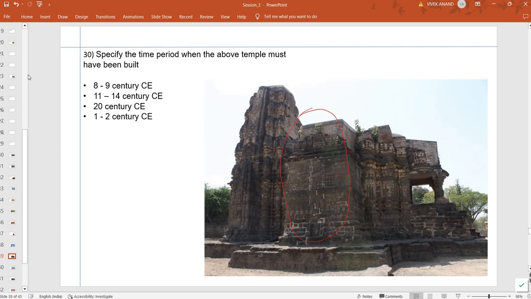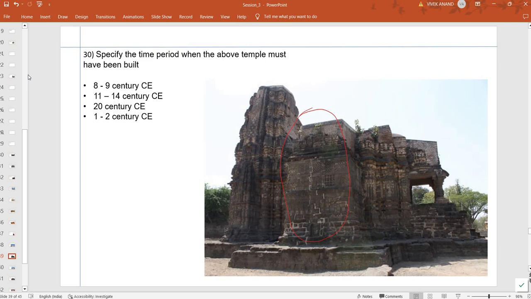Is this made of stone? What is the material? Can anyone tell? You can see brickwork here.